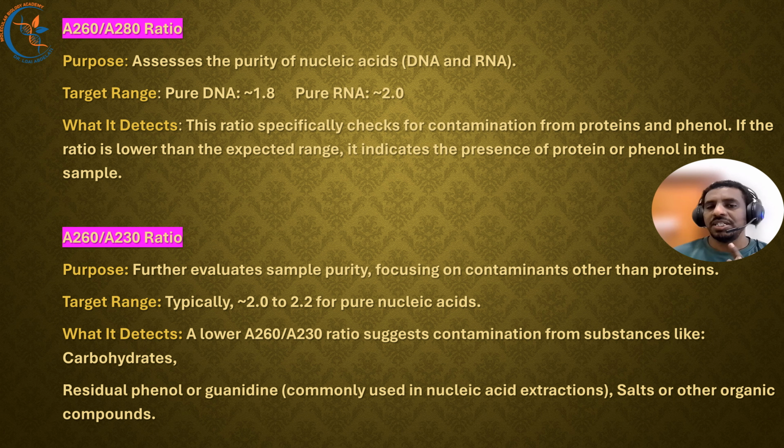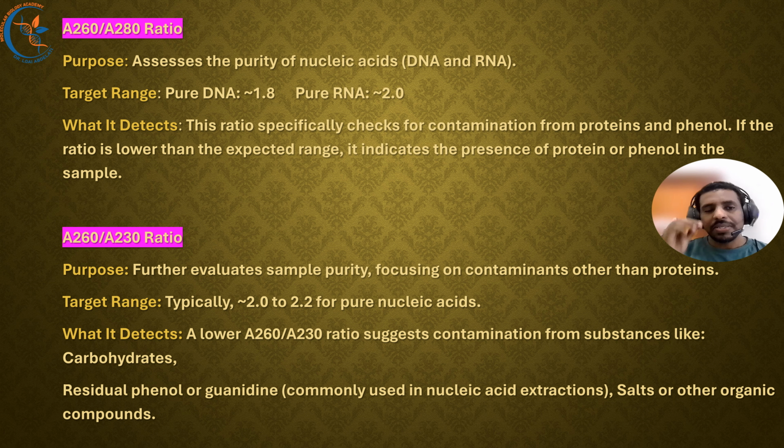Pure DNA typically has a ratio around 1.8, while pure RNA shows a ratio closer to 2. If the ratio is lower than expected, it suggests protein or phenol contamination.